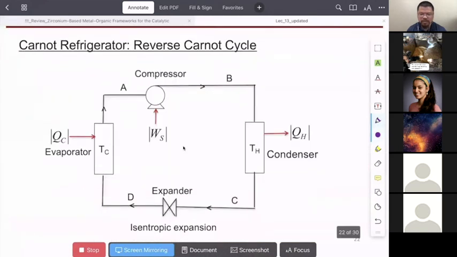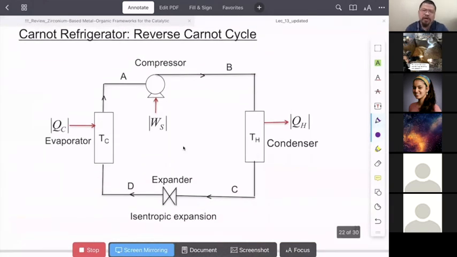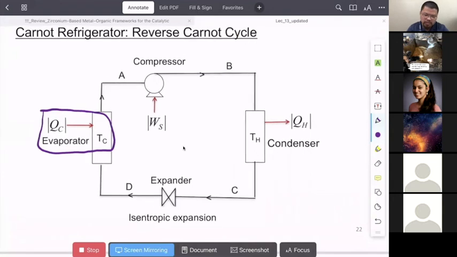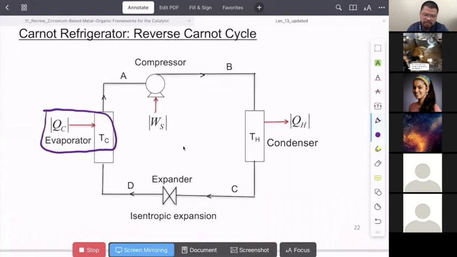If you think about the key difference between the Carnot heat engine and the Carnot refrigerator, the obvious difference is that now we try to absorb heat not from the high temperature object, but from the low temperature object. And then we are not going to produce shaft work, but instead we are going to provide mechanical shaft work to drive the process.